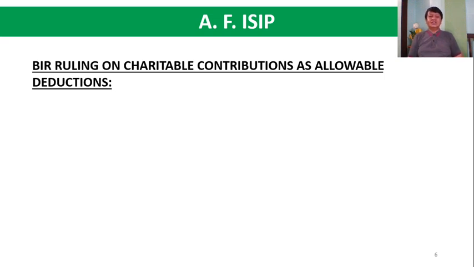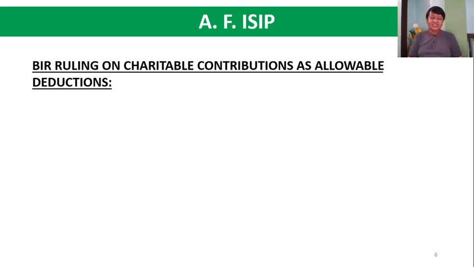That is the general rule. The exception to the rule is that donations made to charities or charitable contributions, although not related to the business, are allowed as deductions for tax purposes.